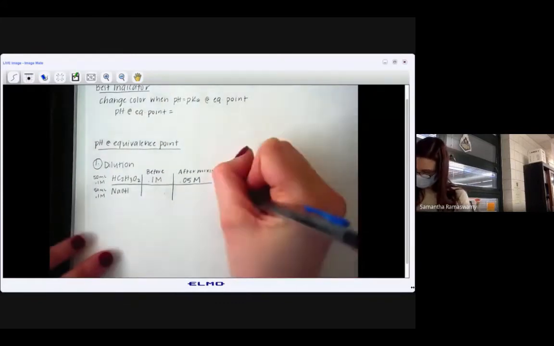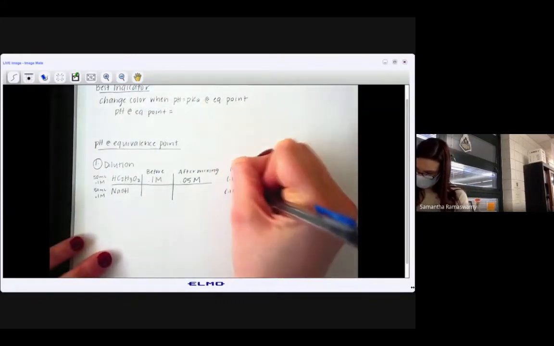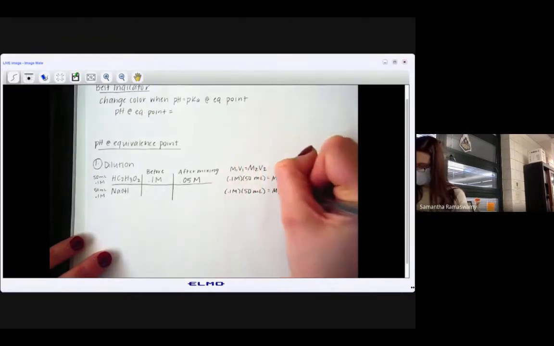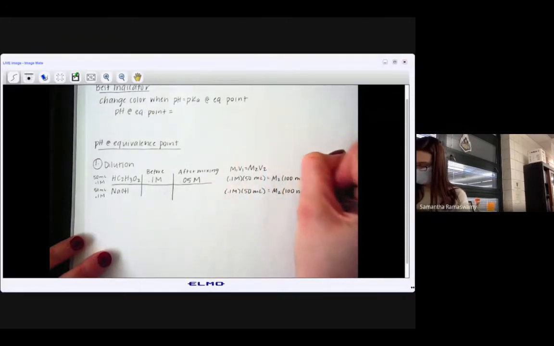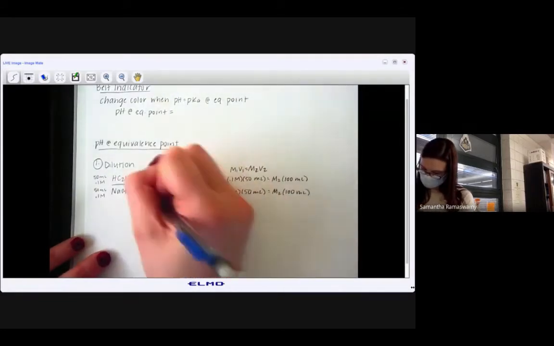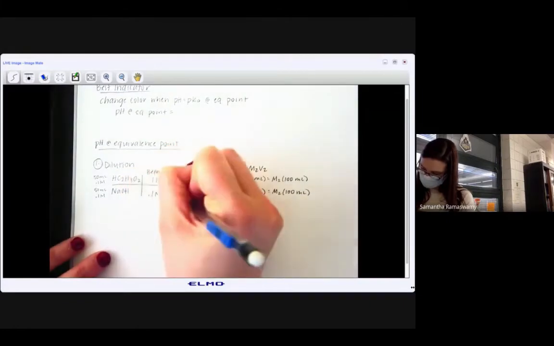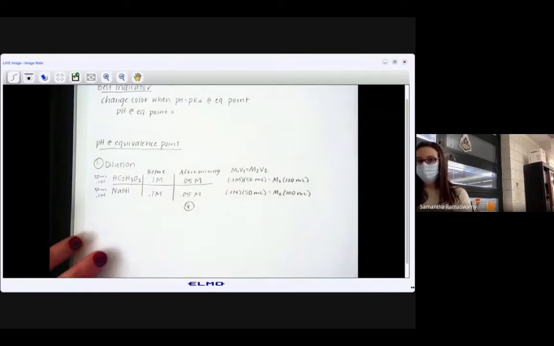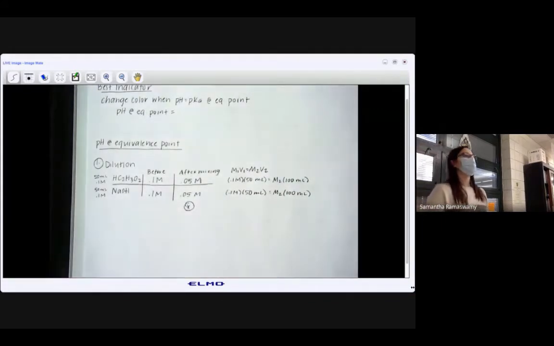We do the same thing for NaOH, 0.1 molar. We have 50 milliliters. We're looking for the new molarity when we mix the two together. So 0.1 times 50 divided by 100. So it started at 0.1. After we mixed them together, but before they reacted, we had 0.05 molar of each.